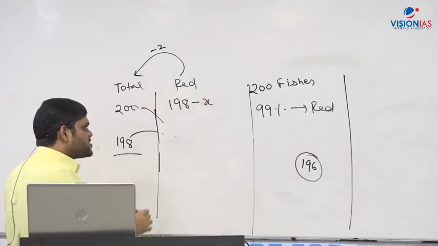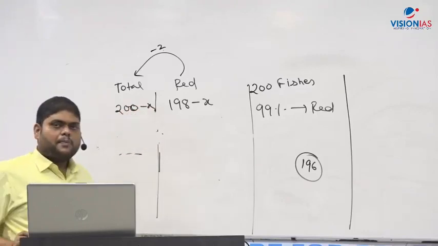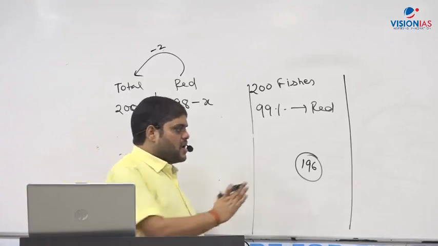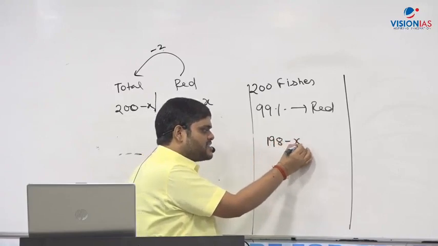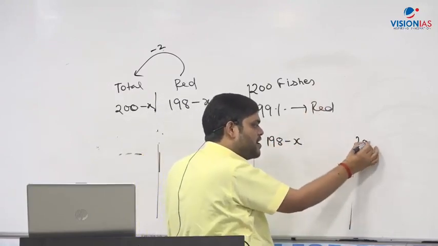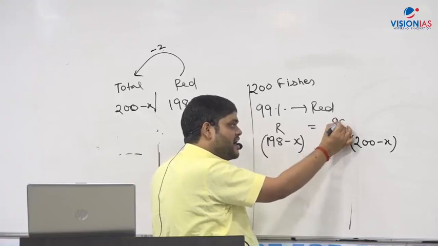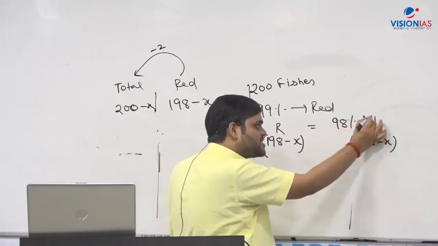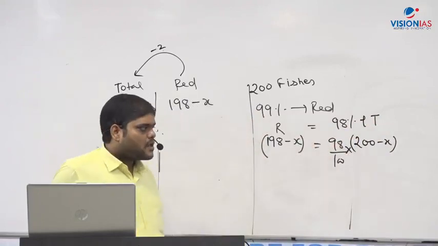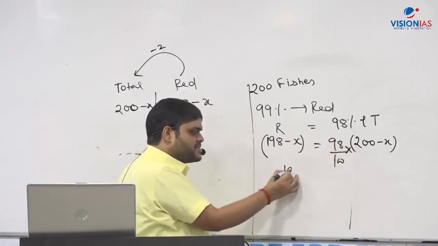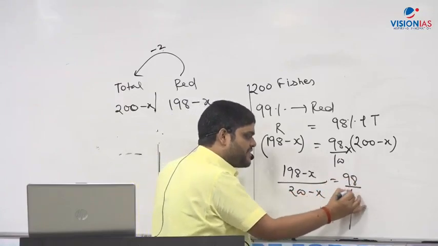When we remove X fish, the total also decreases by X. So the red fish become 198 minus X and the total becomes 200 minus X. After the removal, the red fish are 98% of the total, so (198 minus X) upon (200 minus X) equals 98 upon 100.